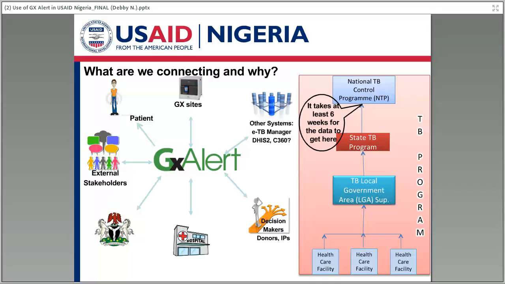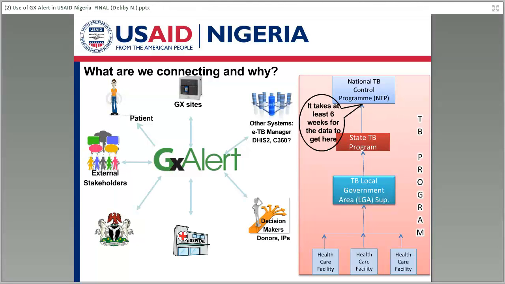So why are we connecting? On the right-hand side of this slide, you can see how information flows through the TB program, and this process usually takes about 6 weeks after the end of the quarter before we see any information at national level, if we're lucky. We have TB local government supervisors who go to the TB facilities within their LGAs and physically record data.